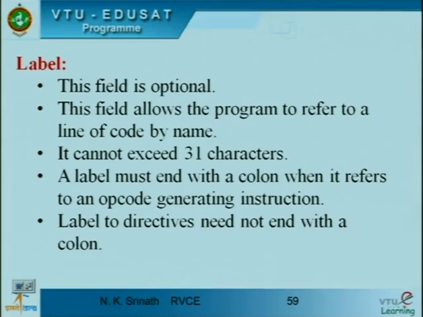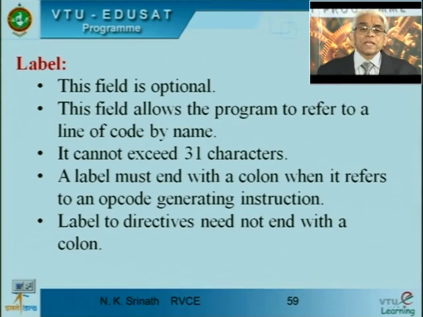So, let us look into greater detail regarding the label. This field is optional, as I have already mentioned, meaning it may be there, it may not be there. All the instructions need not have a label, and this field allows the programmer to refer to a line of code by name. Instead of saying go to line number 2, line number 3, and so on, we have a label that enables the program to go directly, and you need not keep track of the line number.